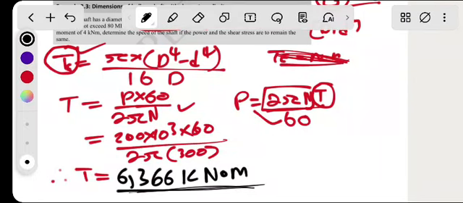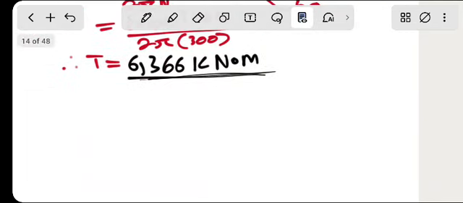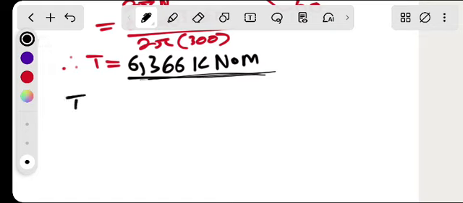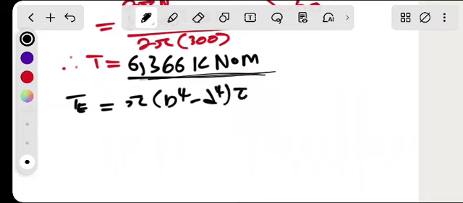Since we have the torque, we can substitute it into our formula. We know that TE is equal to pi times D to the power of 4 minus d to the power of 4, multiplied by the shear stress, divided by 16 D. This is simply measured in Newton.